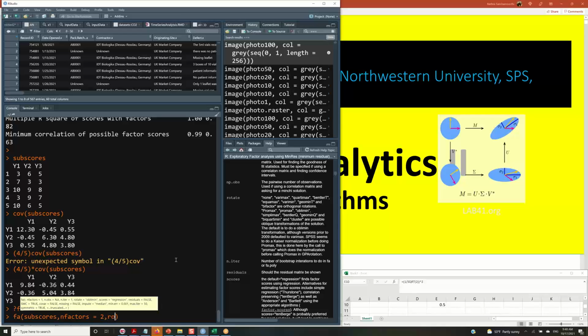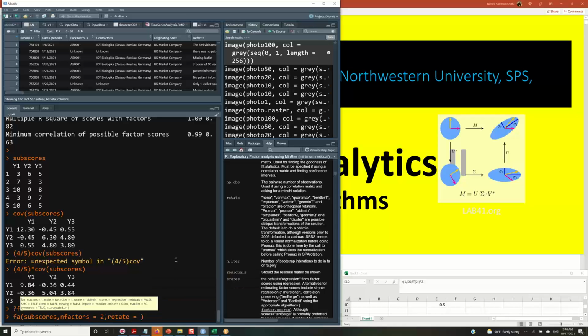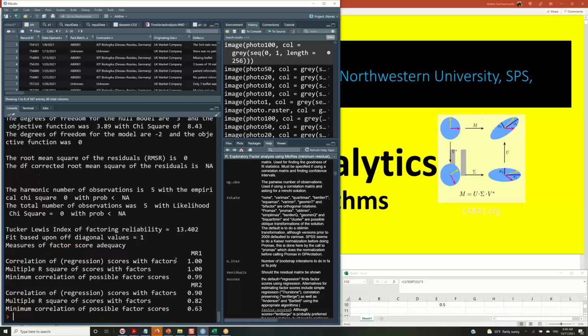I will do rotate equal to varimax. Good. It's as simple as that. Rotate. So that's the answer.